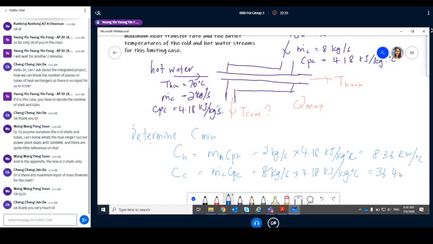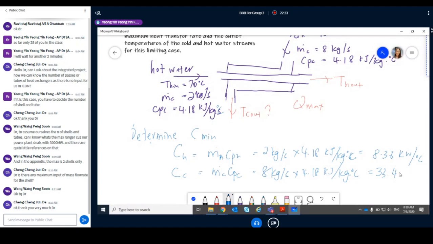Okay, then after that, you need to identify which one is Cmin. By looking at these two, this one is Cmin. So Cmin equals 8.36 kilowatt per degree C. After you know Cmin, you can easily get Qmax, which equals Cmin times delta T max, isn't it?